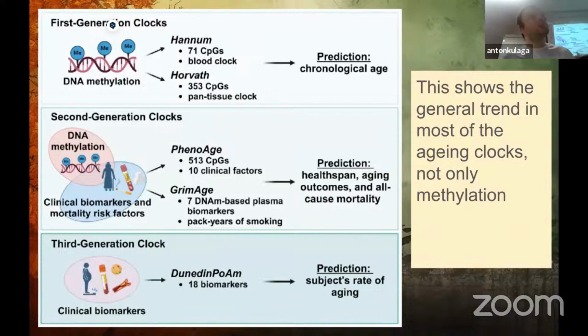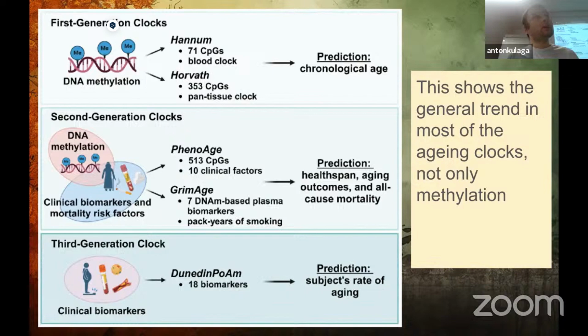And again, I want to focus on the main tendencies: we already have 3 generations of clocks. This tendency, I would generalize it. It's not only in methylation clocks. I see it in other clocks as well, that we start by predicting chronological age, but it's not very useful practically, because you want to make some interventions to live longer.